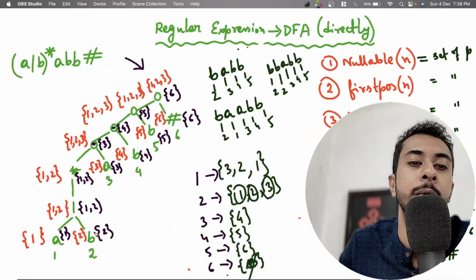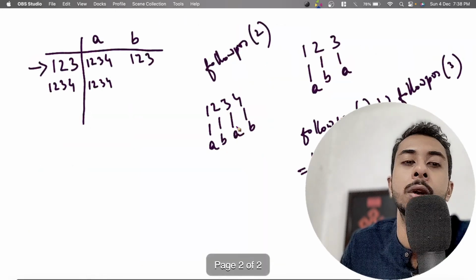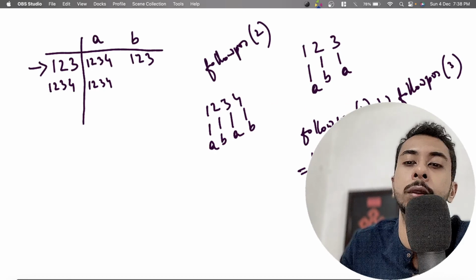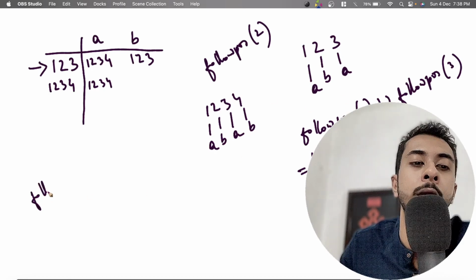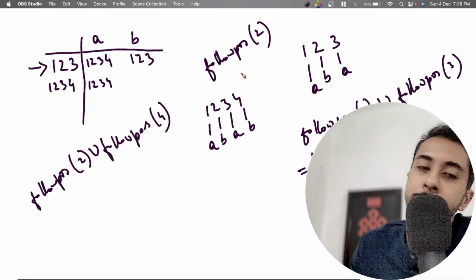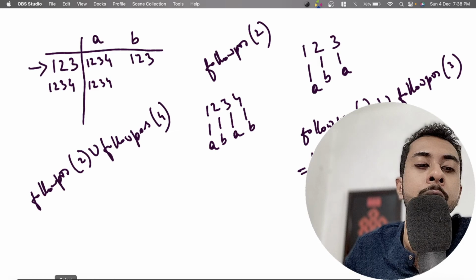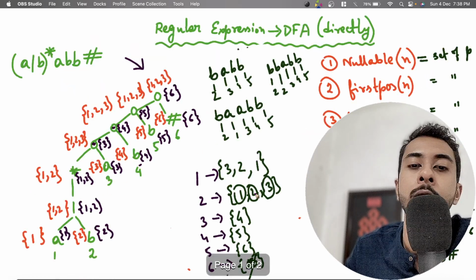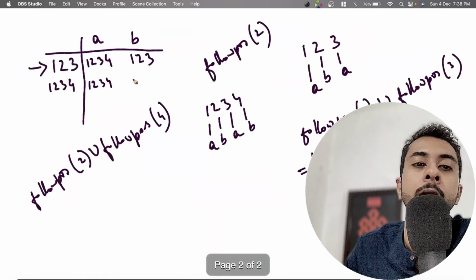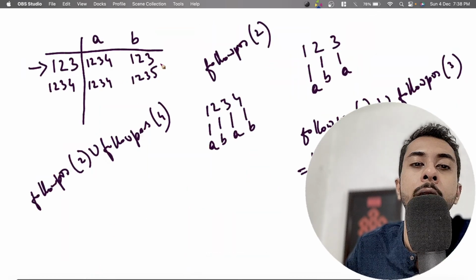So we'll simply find the union of the Followpos of 2 and the Followpos of 4. For 2 and 4, it is 1 2 3 and 5. So 1 2 3 5.